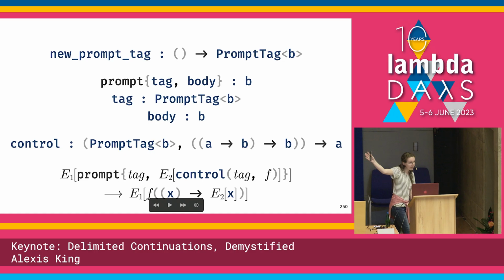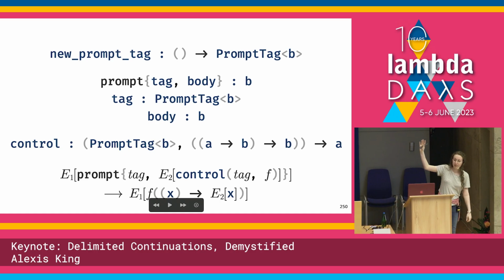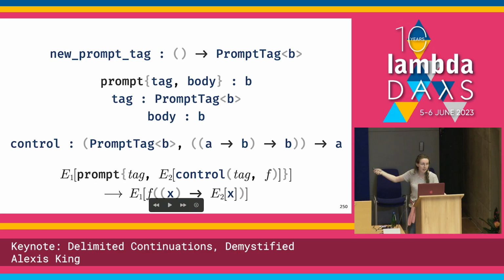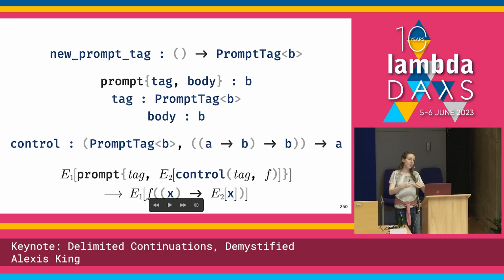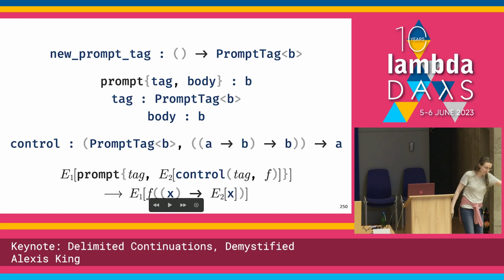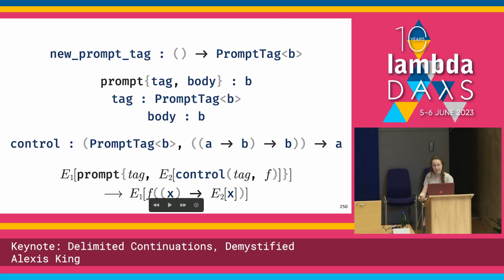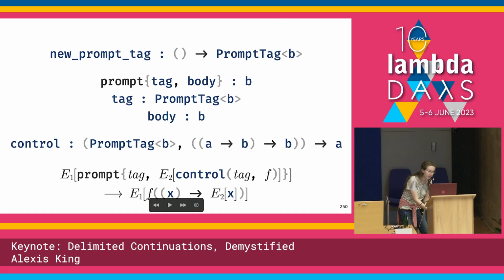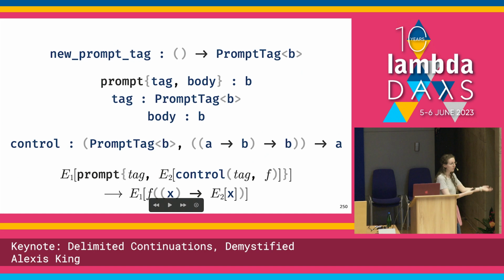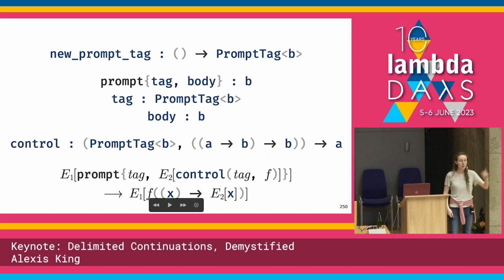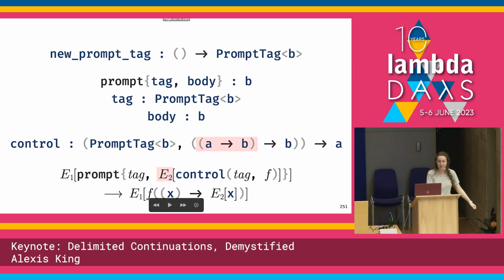And our reduction rule changes slightly so that the control is only matched by prompts that have the same tag. So this provides perhaps the added benefit that you can, much like when you throw an exception, you can only have it be handled by a catch handler that pays attention to exceptions of that type. Then here you can have different prompts with different tags, and you can just say, I want to capture up to a specific prompt with this tag.